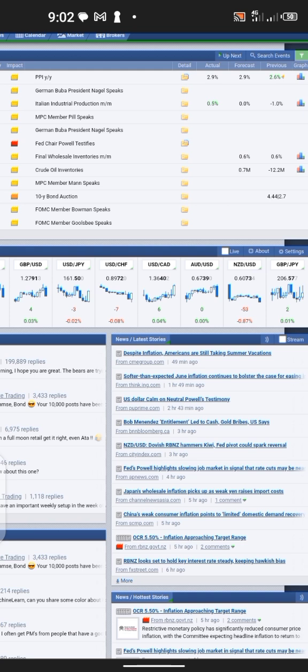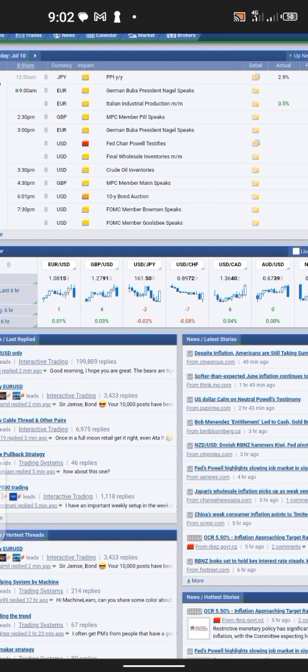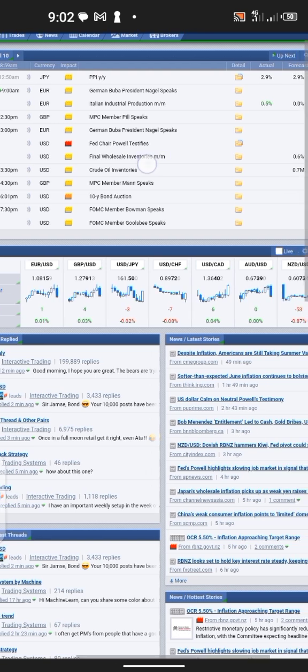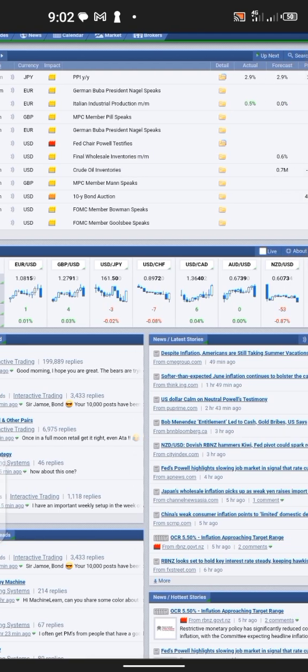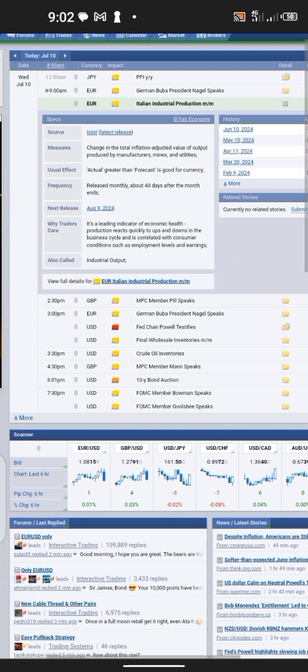Here are the details. If you want to look at the details of the Italian industrial production news for the Euro, we click on the impact here. It will bring us to the page. They give us some notes here, things you have to know about the Italian news. It measures the change in total inflation-adjusted value of output produced by manufacturers.